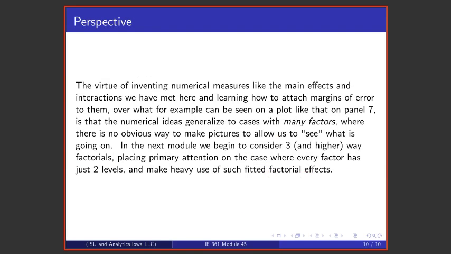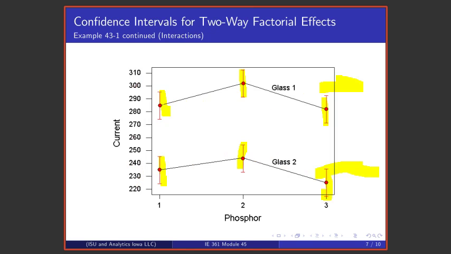The virtue of having these measures of main effects and interactions and learning how to attach these margins of error is that we have ways to quantify what's going on in a scenario like this that will be able to extend to situations where there are more than 2 factors and one can't make this kind of nice picture that we've relied so heavily on in the glass phosphor study.